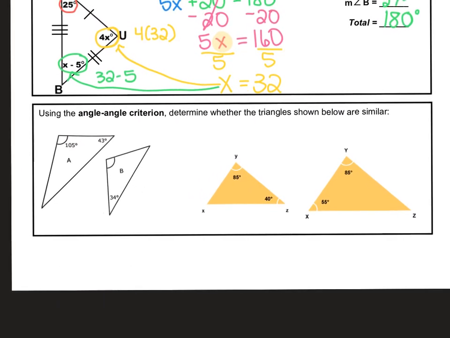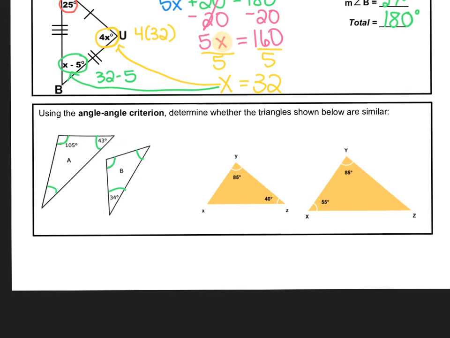All right, so we're going to move on to the very last part. On the first page, we talked about the angle criterion, where we would see if triangles were similar or not. We want to determine if the triangles below are similar. So, if they are similar, if we have 105 here, we would think this would be 105. 43 here, we would think this was 43, and 34 here, we would think this was 34.